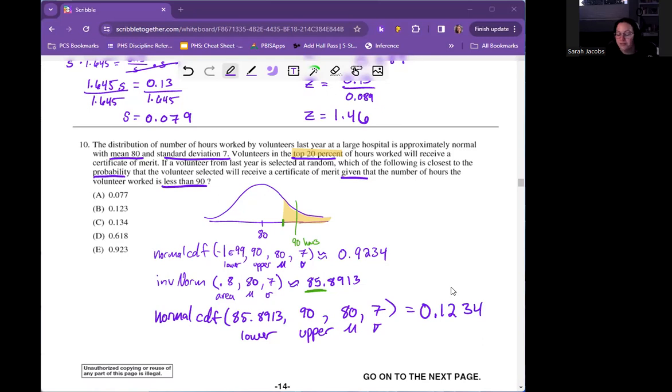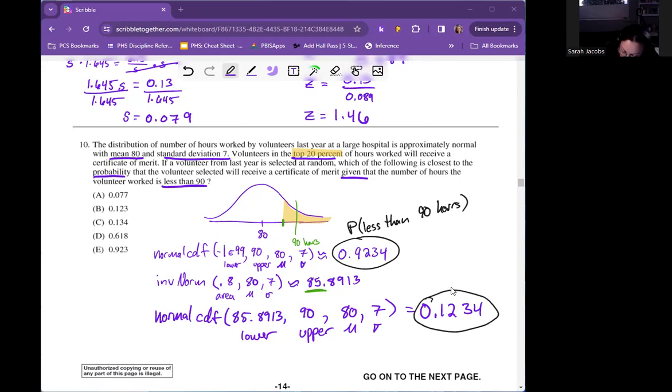Are we done? No, not yet. Almost. So what we have right now is the probability of less than 90 hours overall.